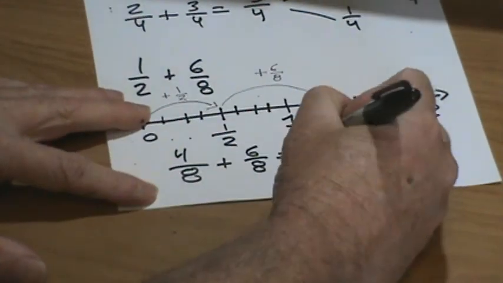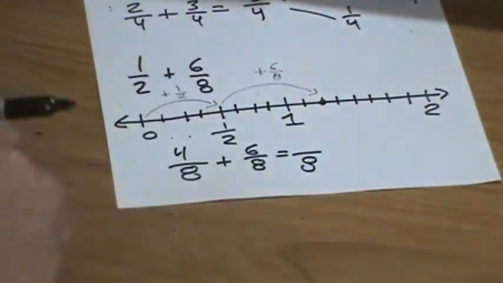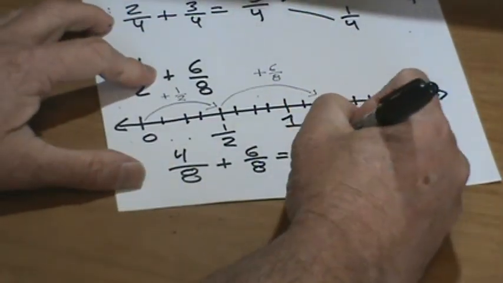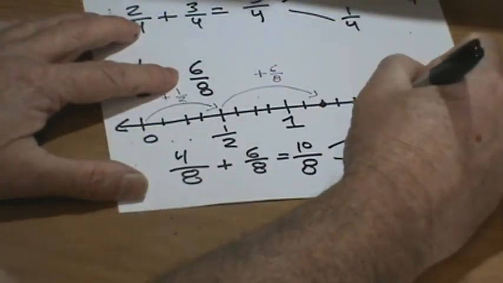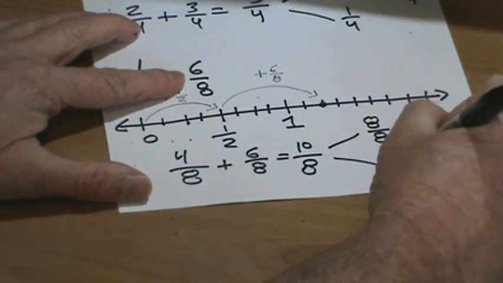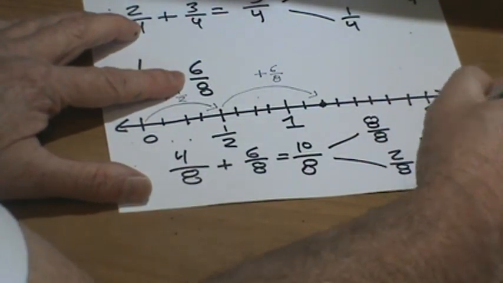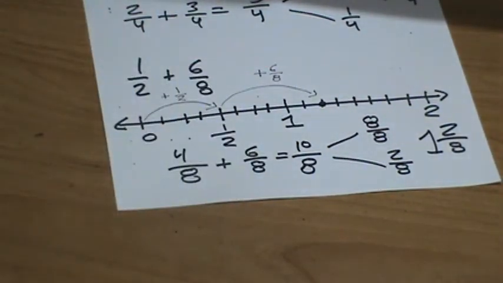Remember, denominator does not change. 4 plus 6, 5, 6, 7, 8, 9, and 10. So we have 10/8. Let's make a number bond, sideways number bond. 8/8 for 1. And what's left over? 10 minus 8 is 2. 2/8. So our answer is 1 2/8. And if we check the number line, take a look. 1 2/8. We are absolutely correct.